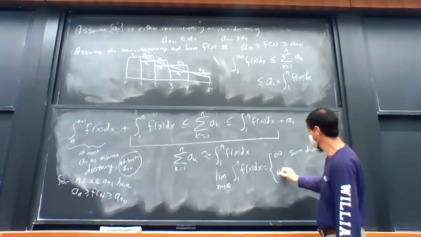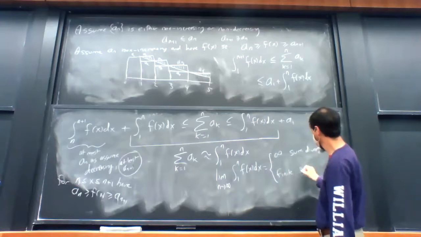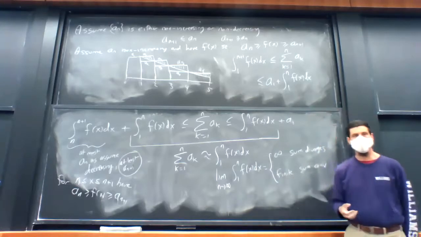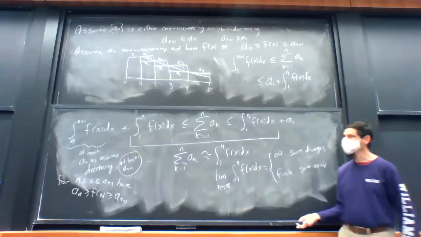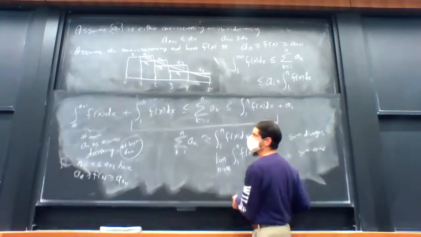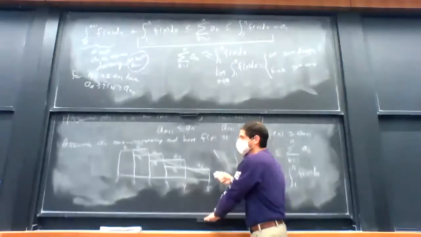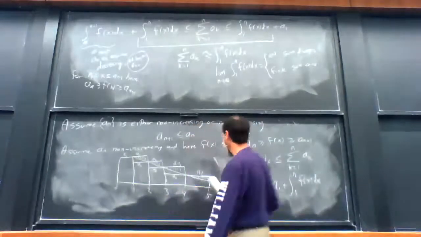And if it's finite, the sum converges. And not only does the sum converge, but we have a really good sense of the value of that sum. Okay. Any questions?